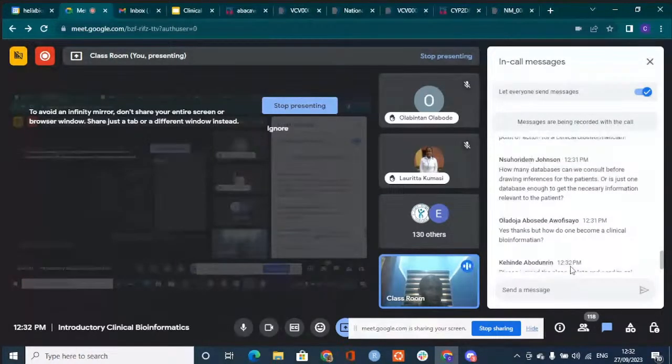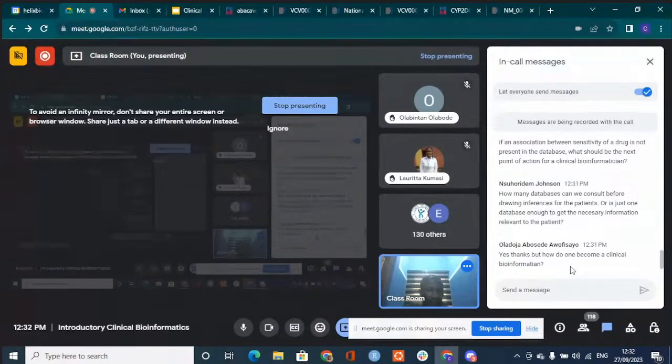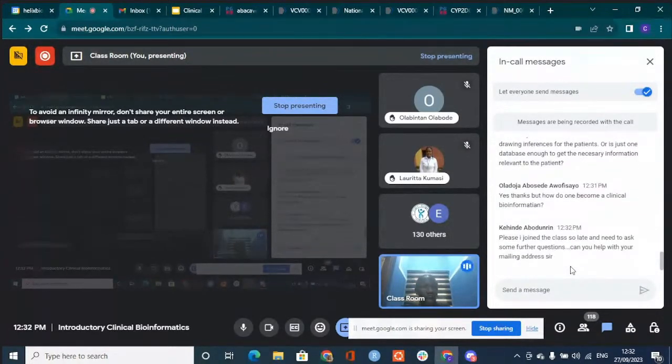So how do we become a clinical bioinformatician? A clinical bioinformatician is someone who works in, let's say, clinical settings.